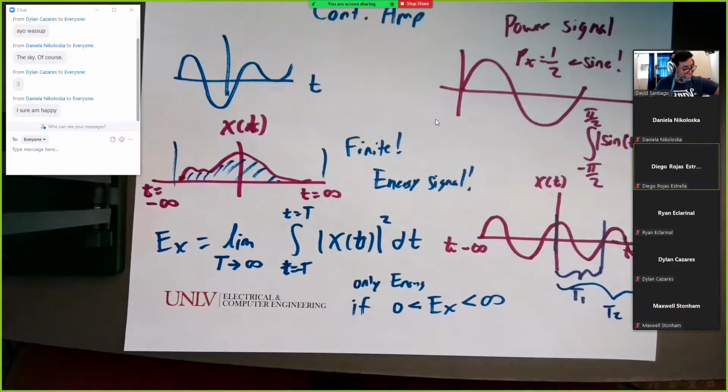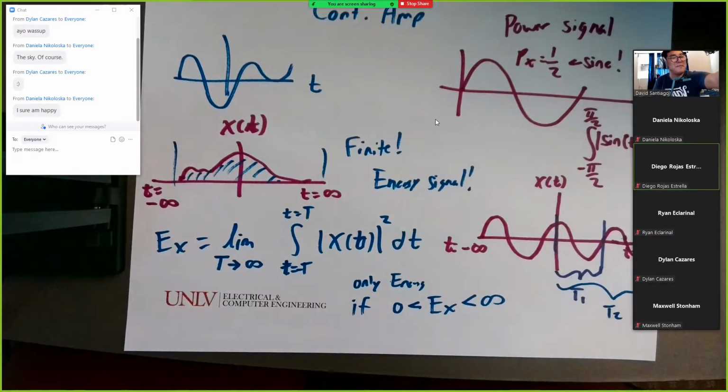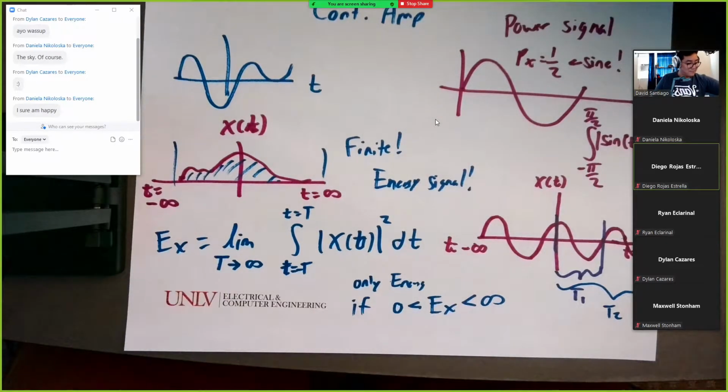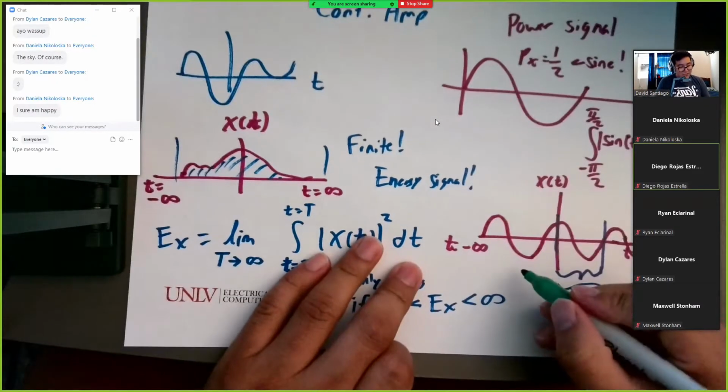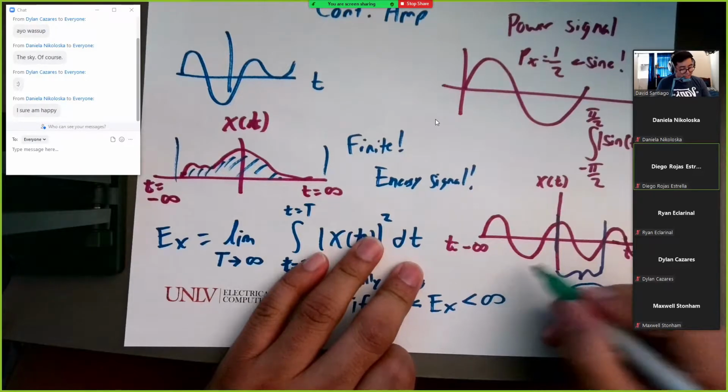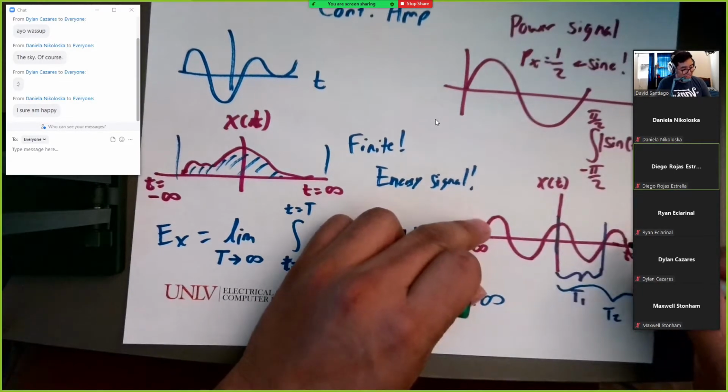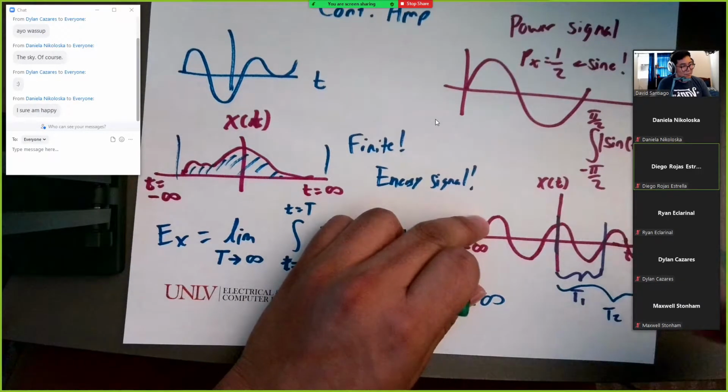As engineers, you see the little pattern. Let me pull out the green marker. So what I'm trying to get to, everyone, is we have a periodic signal. How do we keep it bounded?